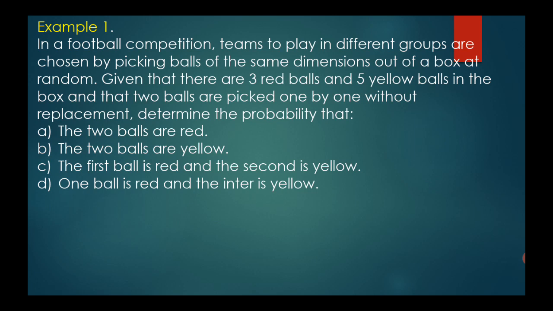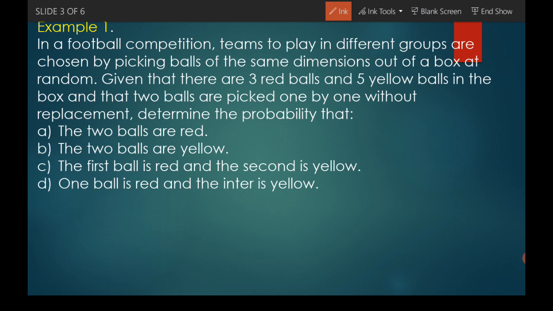Given that there are 3 red balls and 5 yellow balls in the box, and that 2 balls are picked one by one without replacement. Now there is one thing that we need to note here, this word: without replacement. You pick one ball, and then you don't return it. So, without replacement. Determine the probability that the 2 balls picked are red.